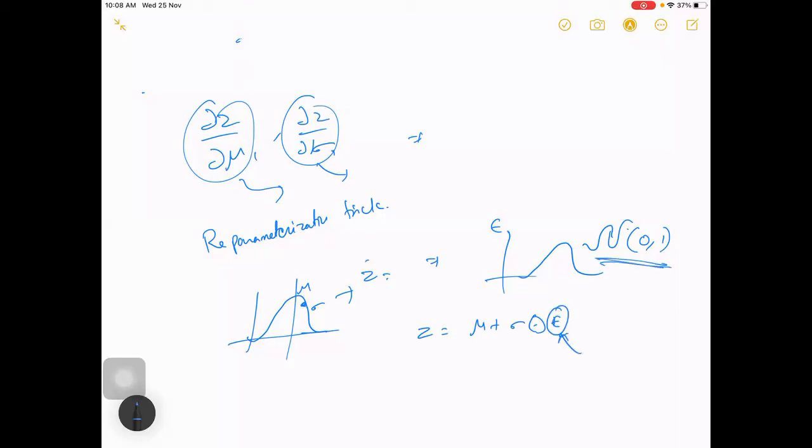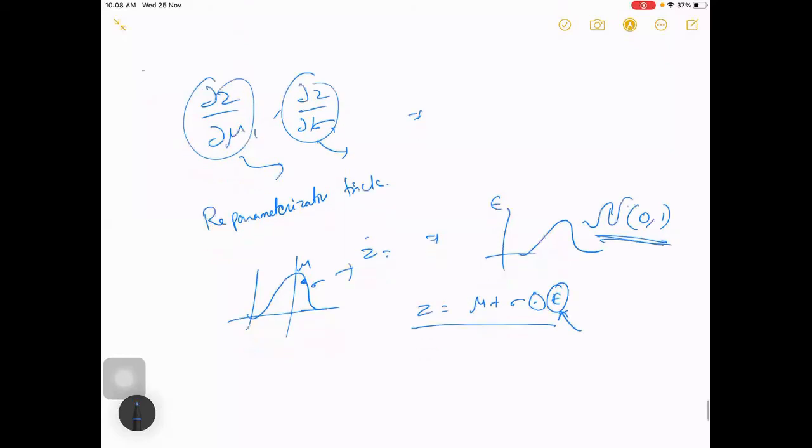Okay, with this value we calculate z. Indirectly we are shifting our normal distribution by the mean mu, and also scaling the standard deviation by sigma. So now we get a relation this way. We randomly sample this epsilon from the normal distribution with mean 0 and standard deviation 1, and from that we sample some value.